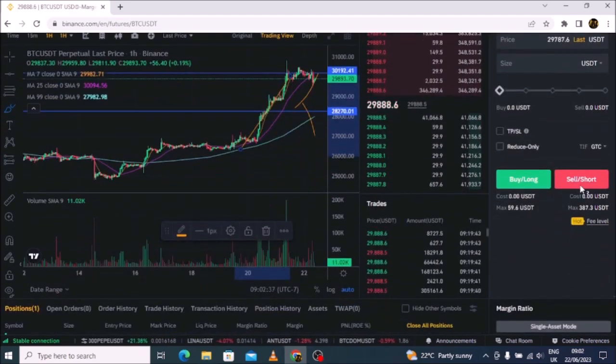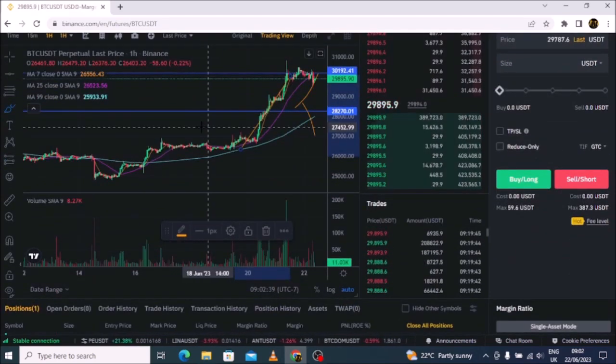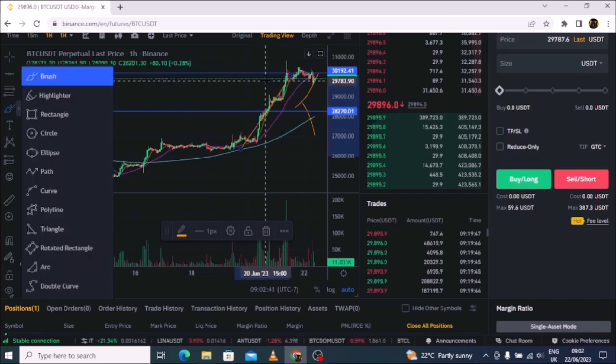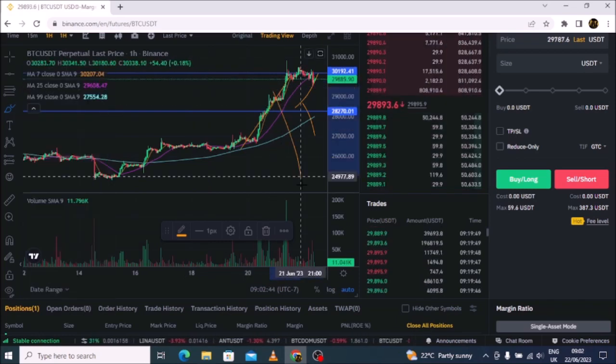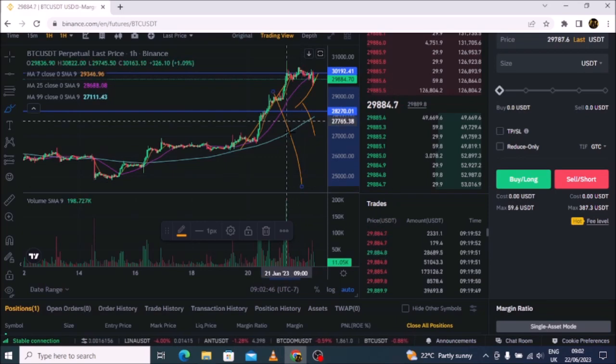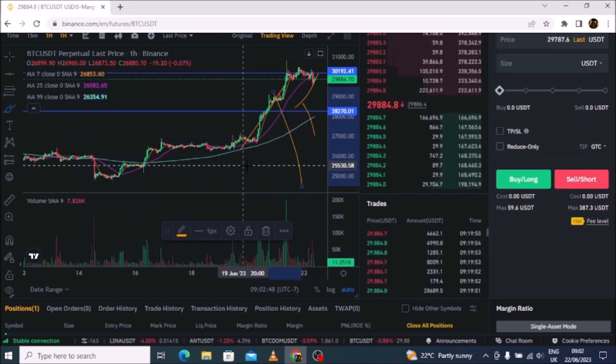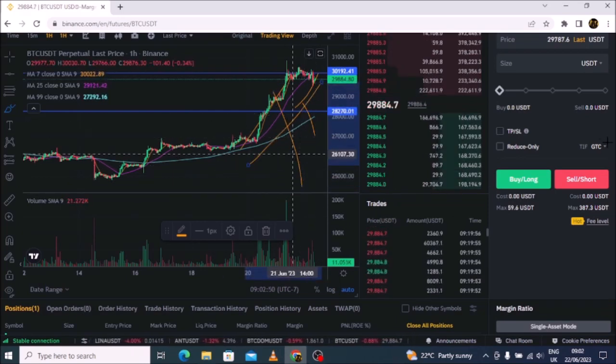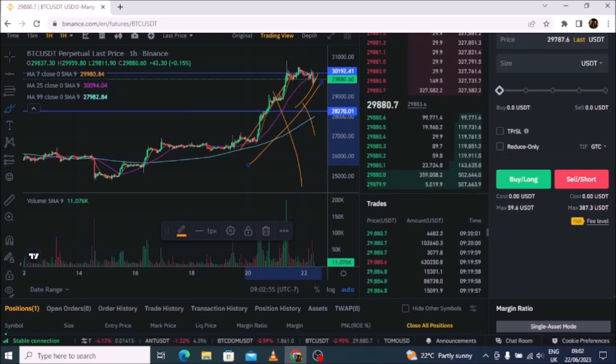So when you say, I'm going to sell short, that means you're predicting that the price will go down. So in case you predict that the price will go down and now it starts to go up, it means your money will be taken. So you have to understand how you can buy long and how you can sell short.